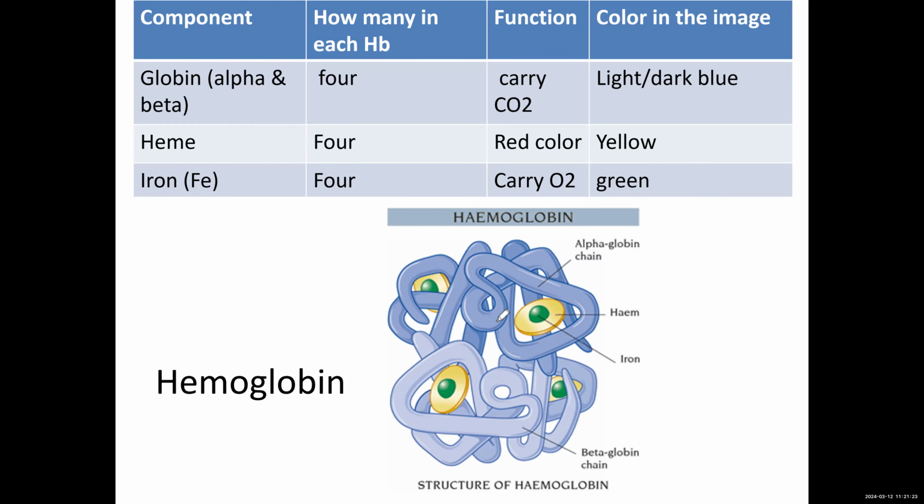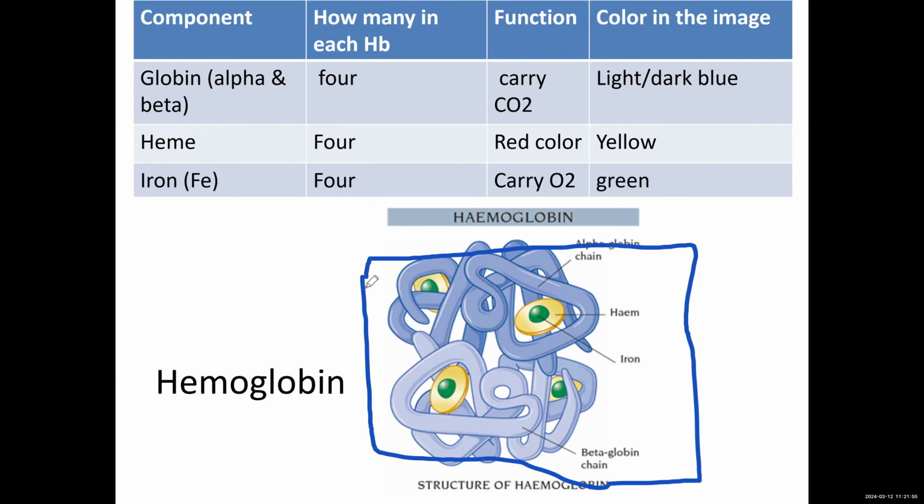Remember, proteins are made of amino acids that have primary, secondary, tertiary structure, right? So this is just a functional protein. In each hemoglobin, we have 4 globins. Then you see this yellow part, that's a heme. We have 4 molecules of heme, and this green part over here is the iron. So we also have 4. So that's the structure of hemoglobin.